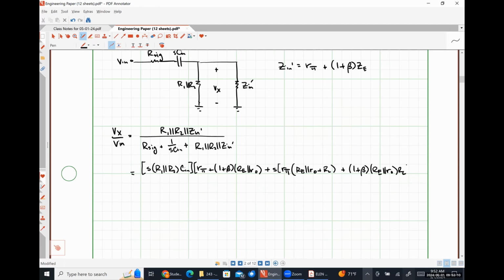Let's see, so close that bracket. C out, close bracket. There's our numerator.